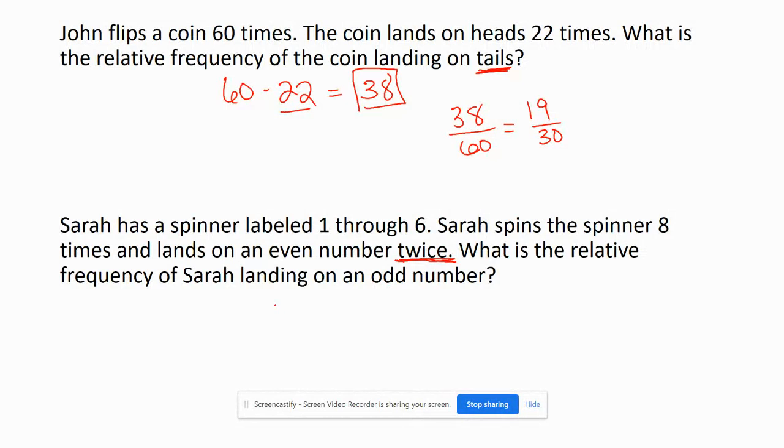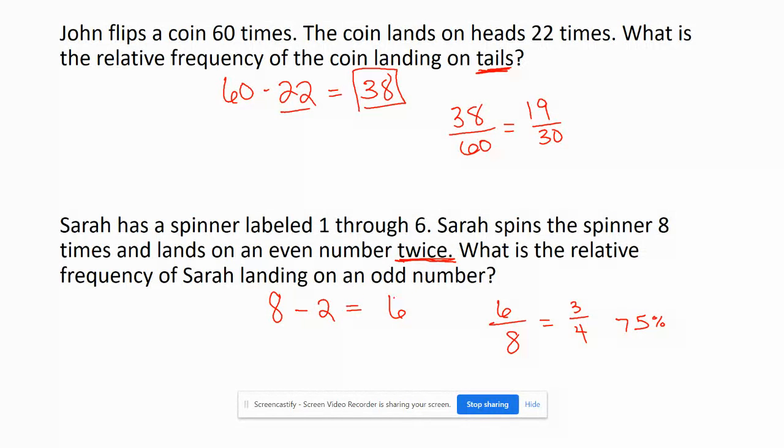So we know that we have 8 total times minus twice equals 6 times. Okay. So 6 times she landed on an odd number out of 8 would make it, we could reduce that to 3 over 4. Or we could say 75%.